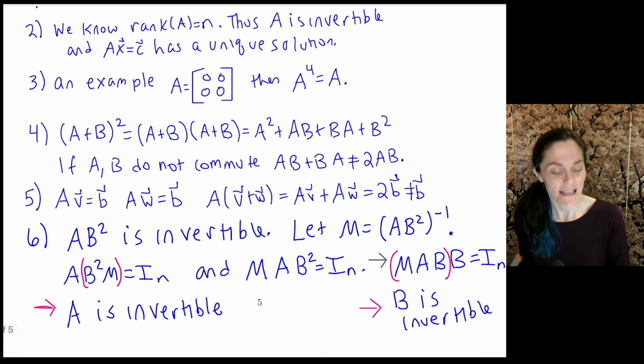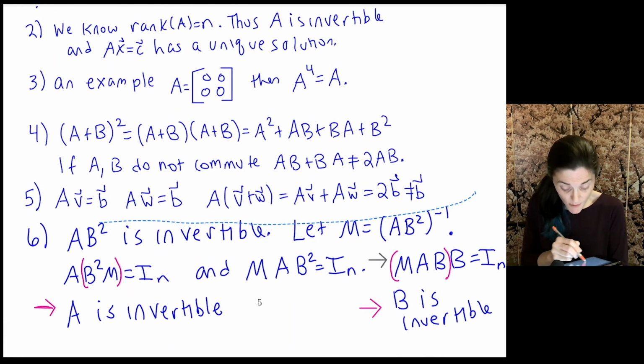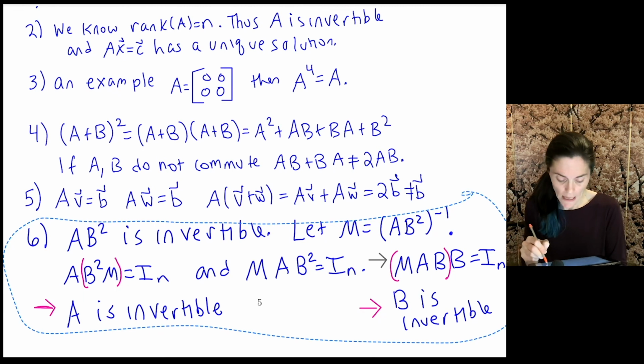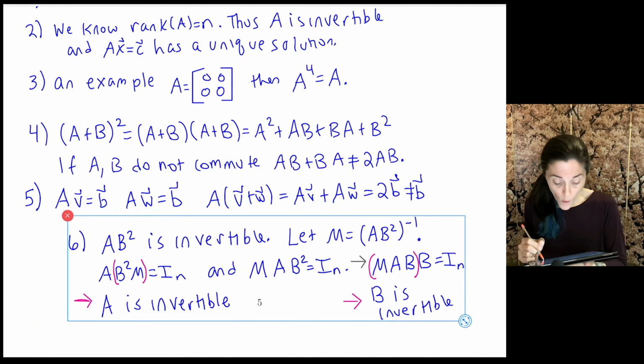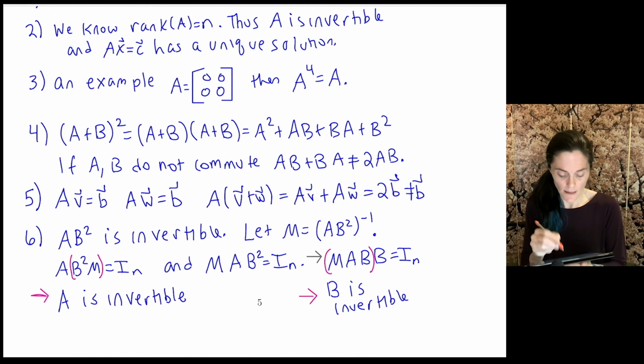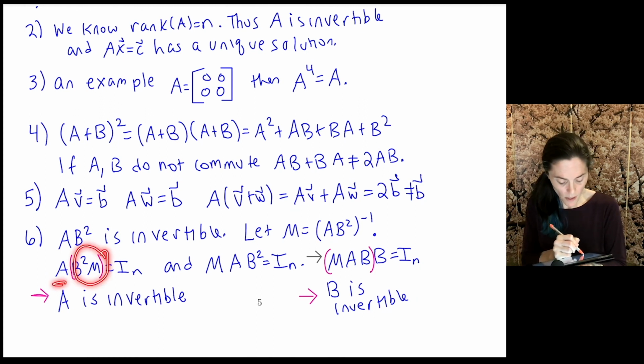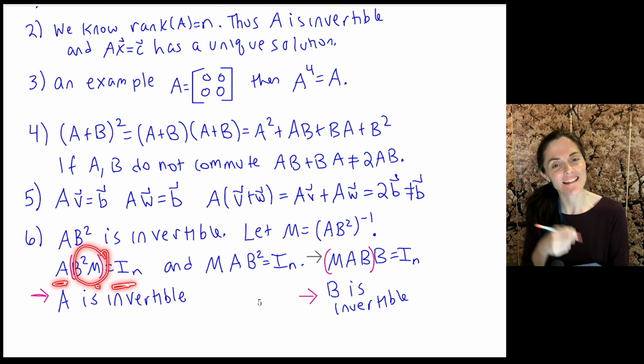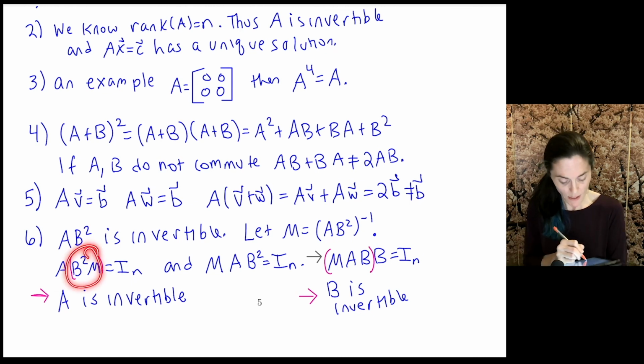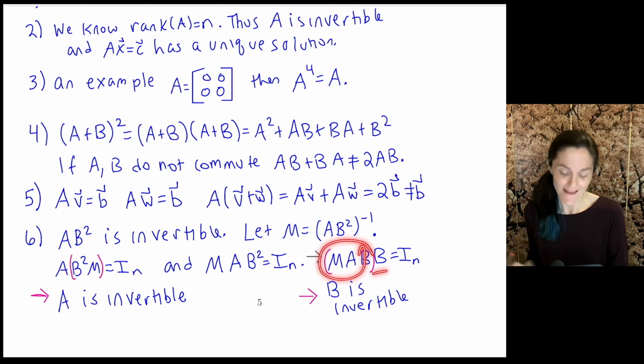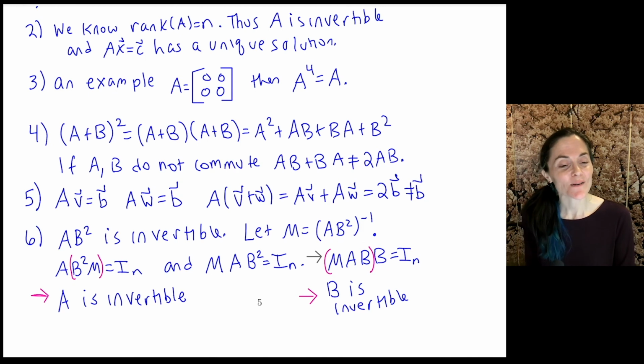But I didn't use that here. I just used this criterion for invertibility: all you need is one n by n matrix, and multiply on one side, get the identity. This means you're invertible, and that this matrix is the inverse. And I did that for both A and B. So 6 was a little bit challenging, but I also think it was great for us to think about. 6 was true.